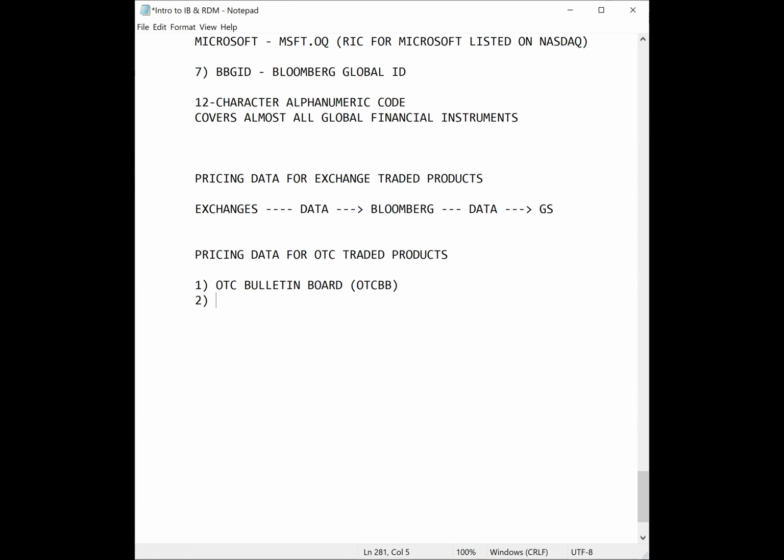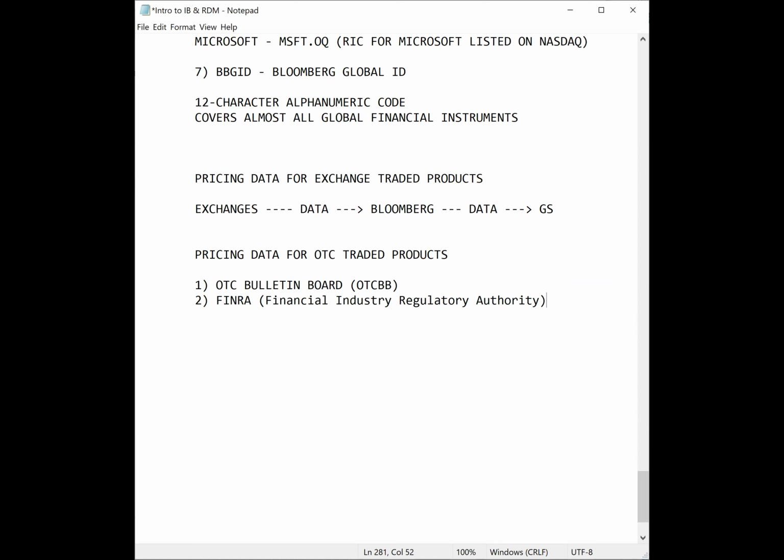If it is not available on the OTC bulletin board, you can reach out to FINRA. Some OTC pricing data you can get from FINRA.